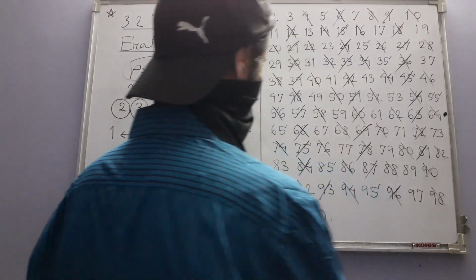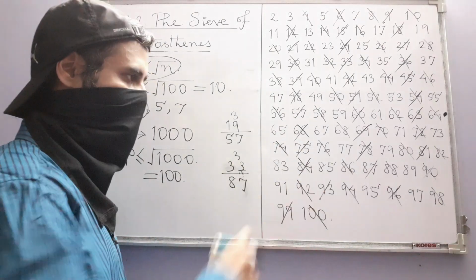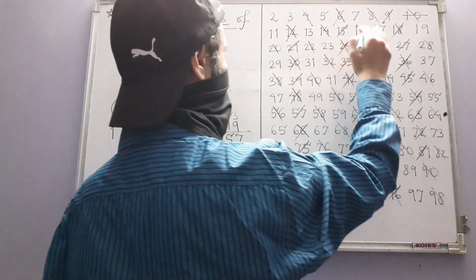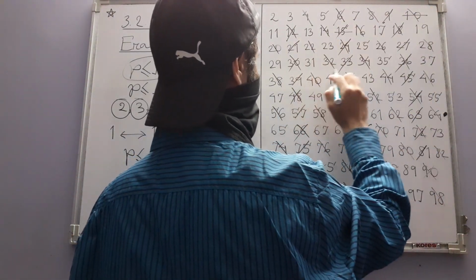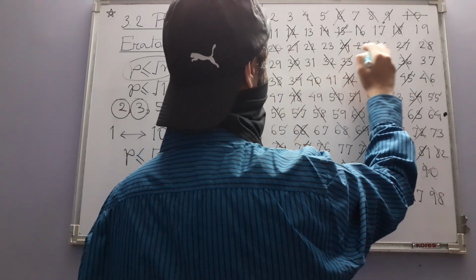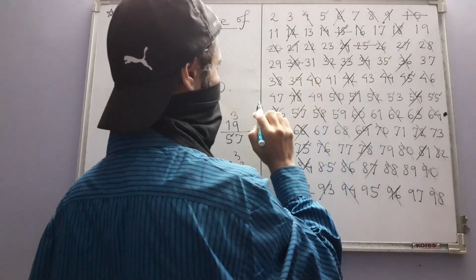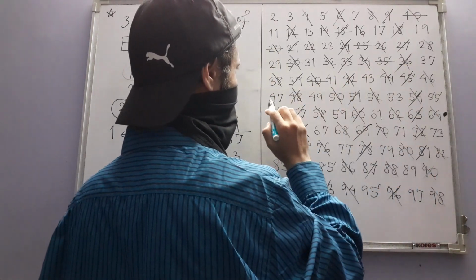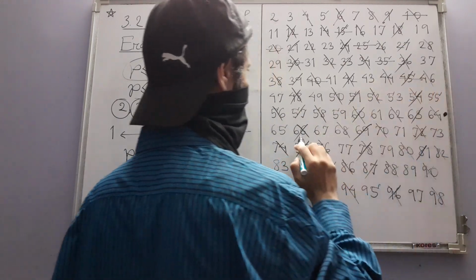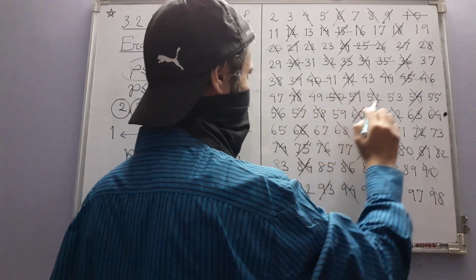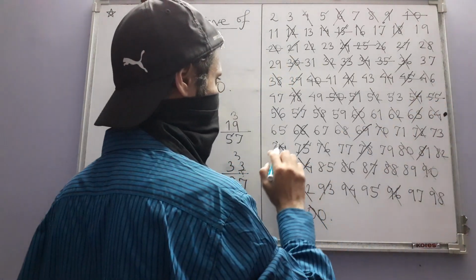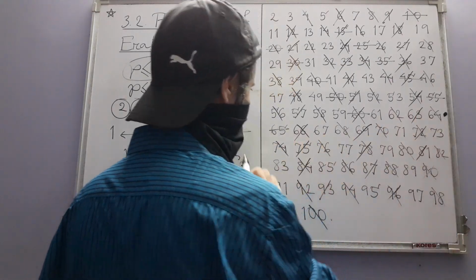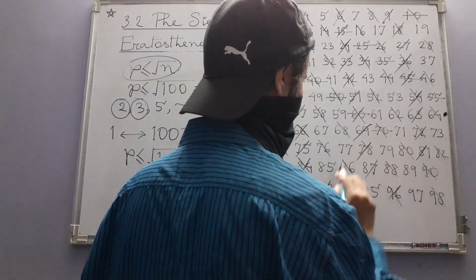To strike out the multiples of 5, the author has used horizontal bars. 15, 25, 30, 40, 45, 55, 60, 65, 70.